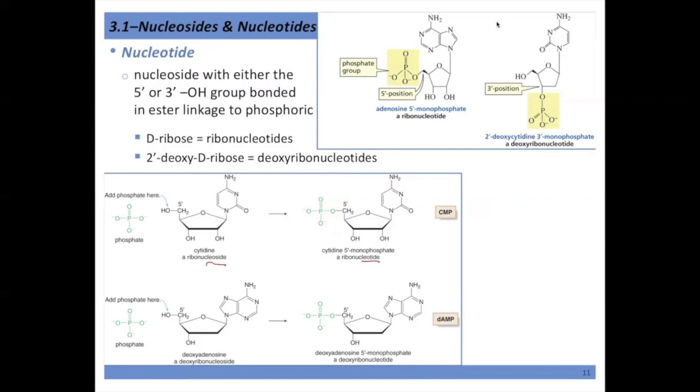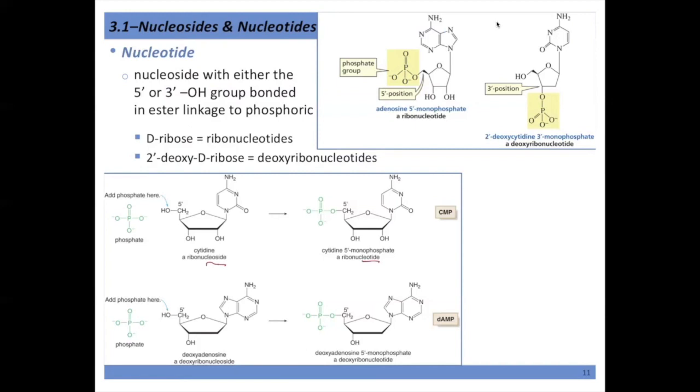you can attach them really to any of the free hydroxy groups. What we find is that the phosphates are typically going to be attached to either the 5' hydroxy. That's why we need to know the prime numbering. That is the 5 position of the sugar, or the 3' hydroxy of the sugar.